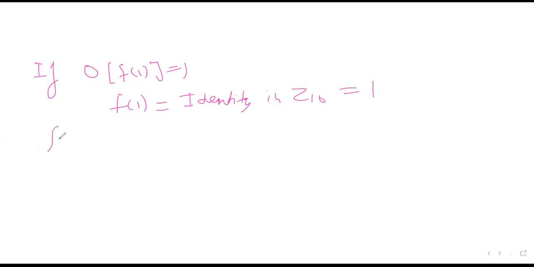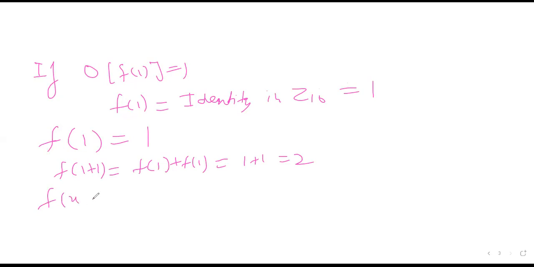So the mapping will be f(1) equal to 1. If I take f(1+1), it will be f(1) plus f(1), which is 1 plus 1 equal to 2. If I take any x, it can be written as 1 plus 1 plus 1, x times.